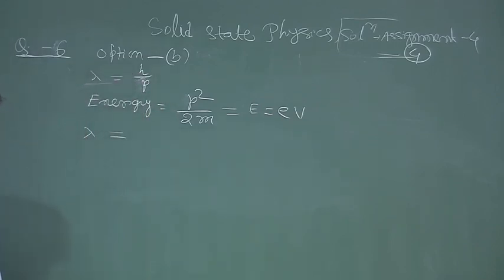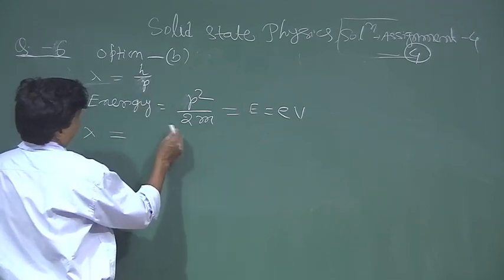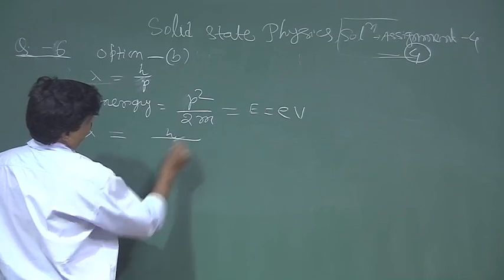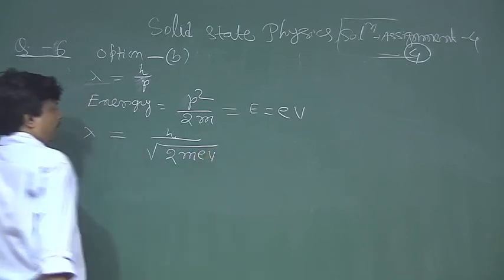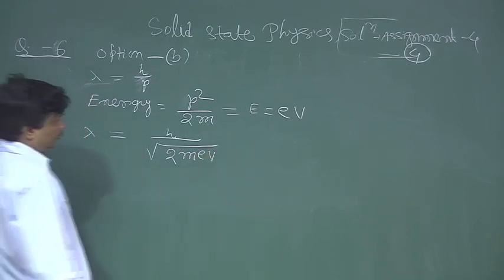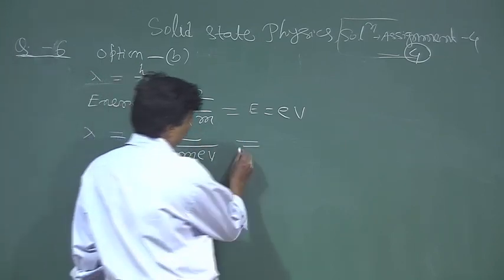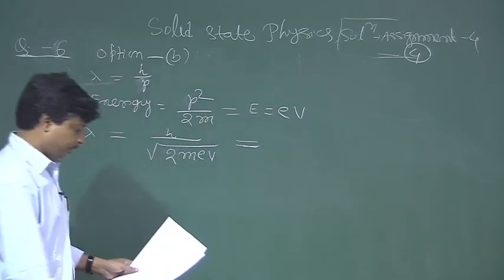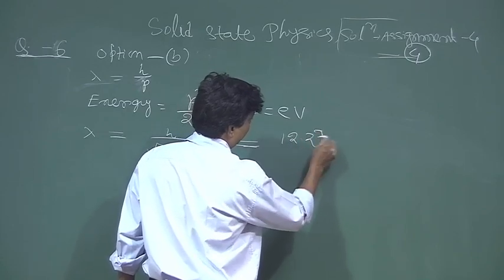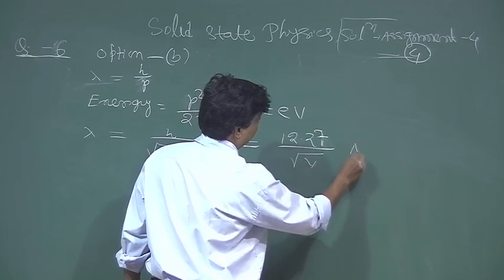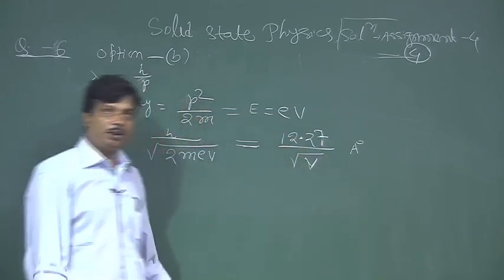So this will give you lambda is equal to h by p, which is h by root over 2meV. After putting in the data and converting into our frequently used unit, Angstrom, it will come to 12.27 by root V Angstrom, where V must be in volt.